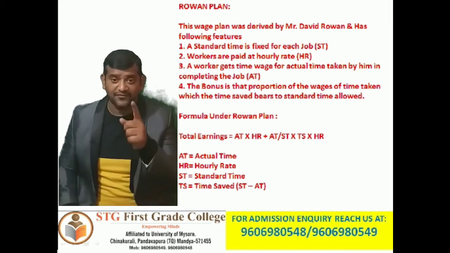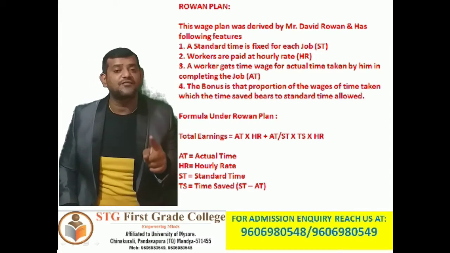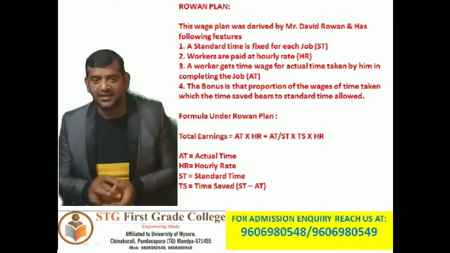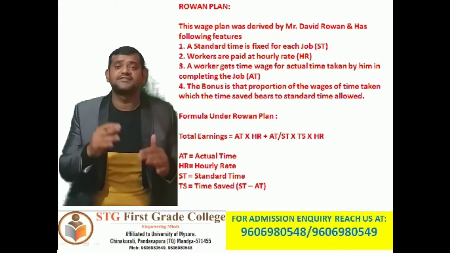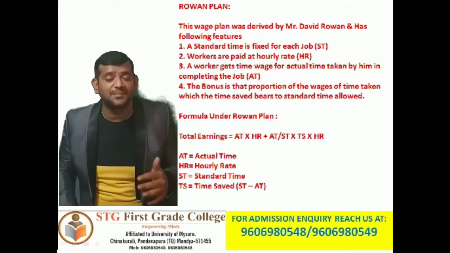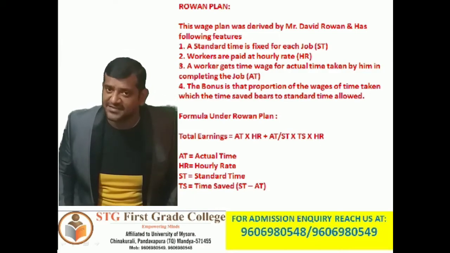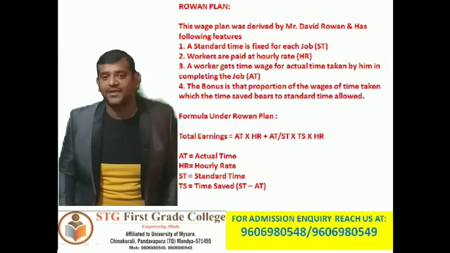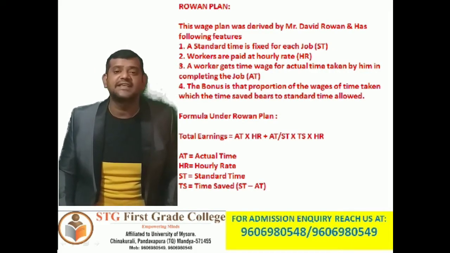Under Halsey plan it is 50 divided by 100, but under Rowan plan it is actual time divided by standard time. The rest is all the same. AT stands for actual time, HR for hourly rate, ST for standard time and TS for time saved, that is ST minus AT, standard time minus actual time.